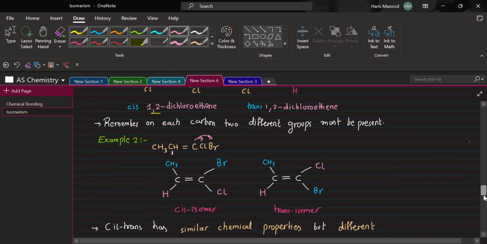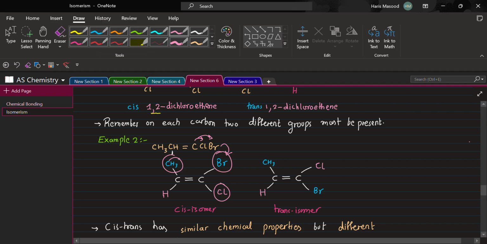One more example I did here, like this one. I draw its cis and trans isomers. Now you can see that in the cis isomer, these are different groups: Cl, Br, CH3, they are not the same group.